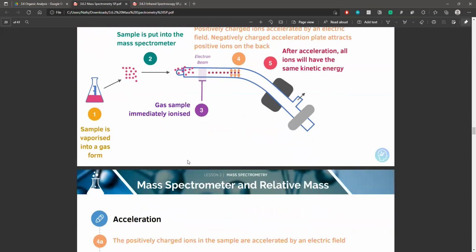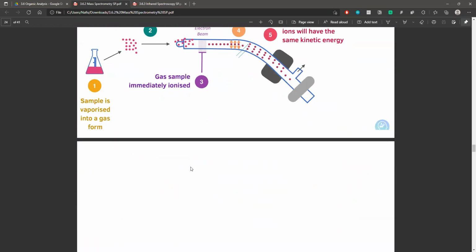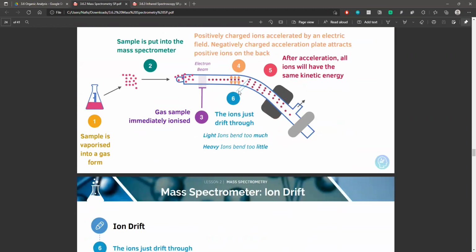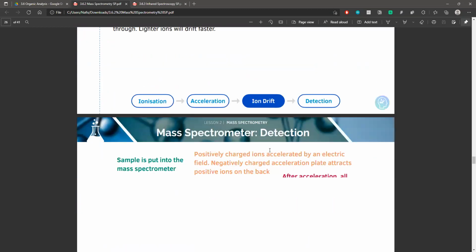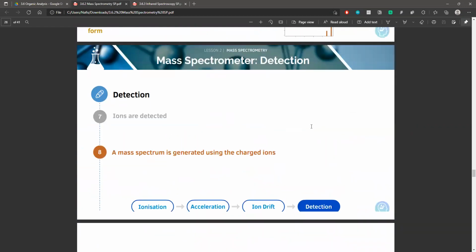After acceleration, all ions will have the same kinetic energy. Then they drift through, are detected by the reader, and it generates a mass spectrum.